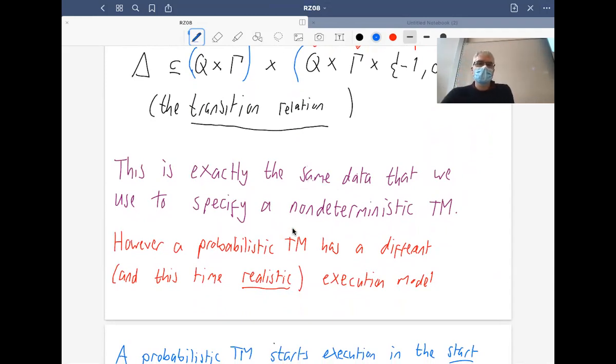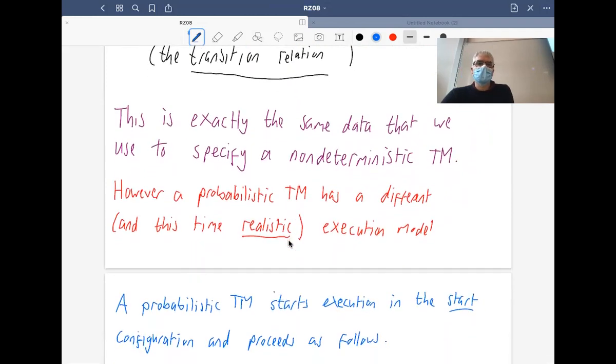So it's exactly the same data we use to specify a non-deterministic Turing machine. However, for the probabilistic Turing machine, the only difference is the way that we interpret the data for the Turing machine. So we have a different execution model. Rather than relying on some oracle to choose the path for us, we're going to toss coins to decide on the path.